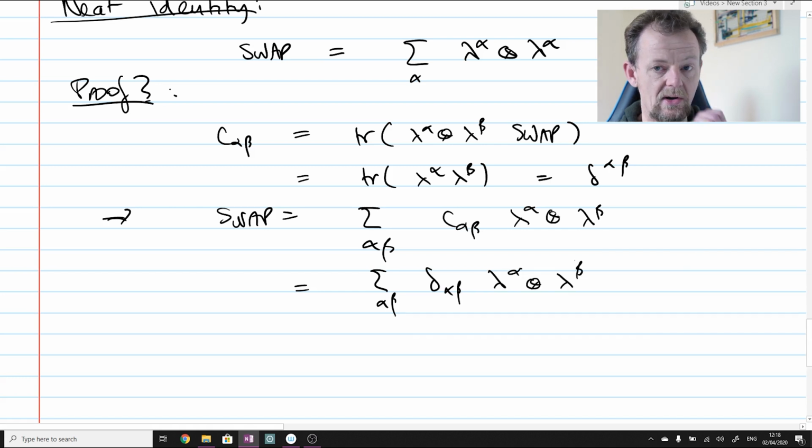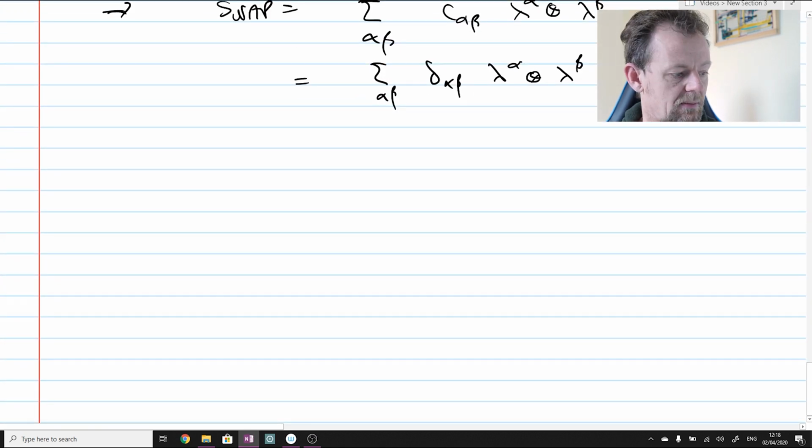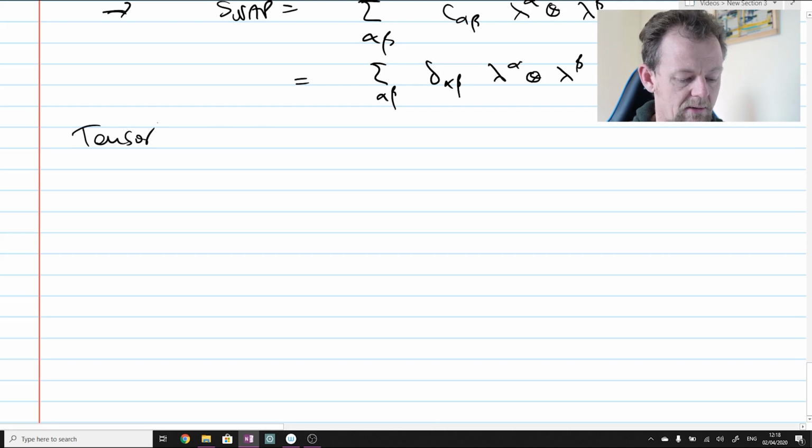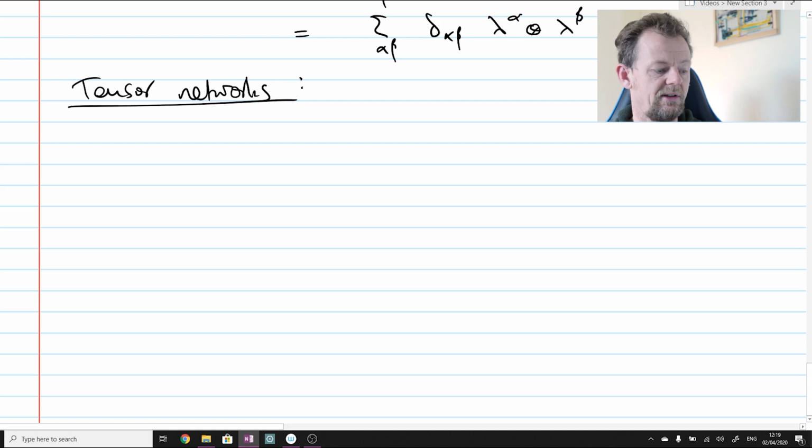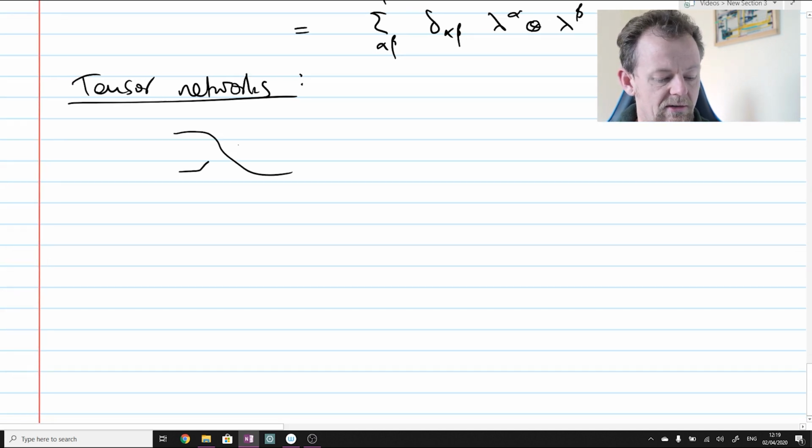Now, the beautiful thing about this particular representation for the swap operator is that it allows us to derive a whole bunch of other identities. And the way we're going to do that is exploit some basic tensor network diagramology. So here we represent operators by blobs with two legs. We represent vector spaces by lines and the action of various operators as tensor networks.